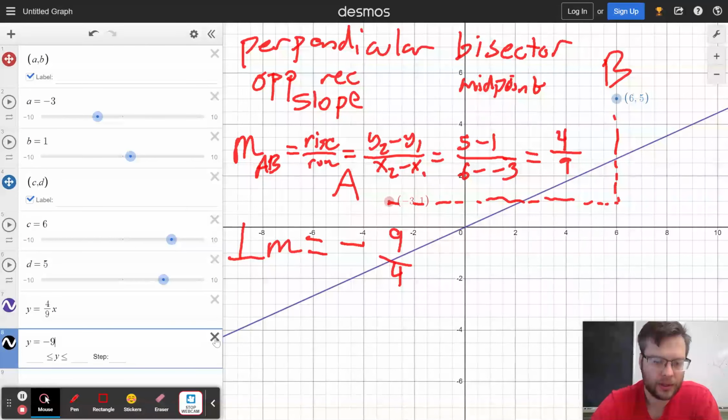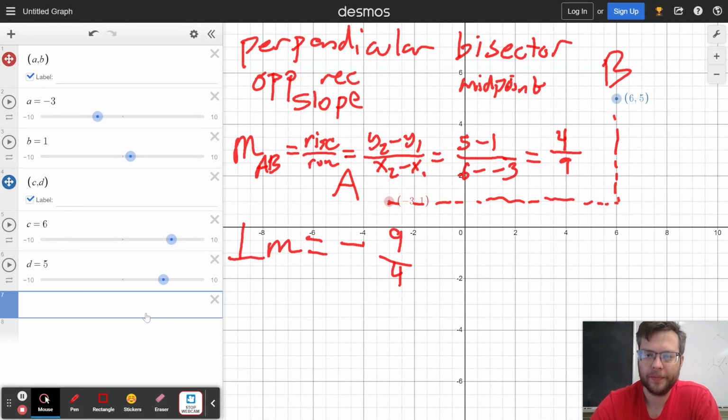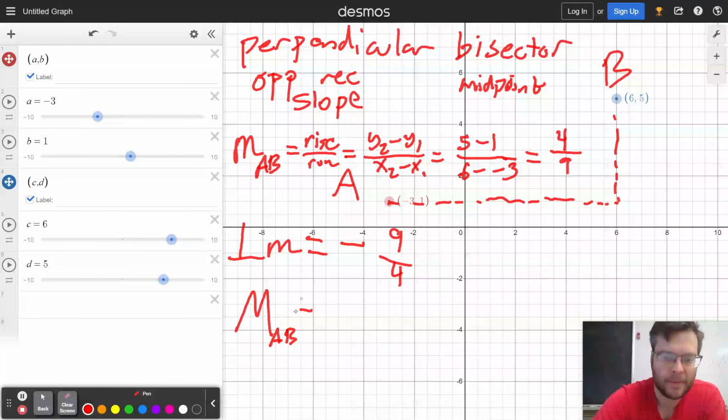All right, so let's get rid of those equations just to clean things up a little bit. Let's find the midpoint. A lot of people like to sort of find the midpoint just by looking at it. You can kind of eyeball where the midpoint is, but you can also use a formula. I'm going to use a capital M for midpoint, and this is the midpoint of AB, so I'm just going to label it like that. Again, you can eyeball it or you can use the formula.